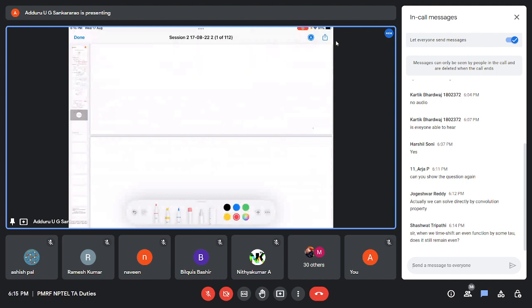Let us say we have one signal like this. This is symmetrical about our vertical axis, so it is an even signal. Then let us say I am shifting this by some amount of time, a right shift.